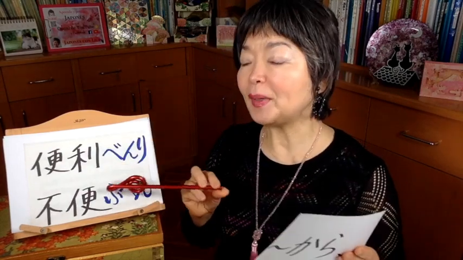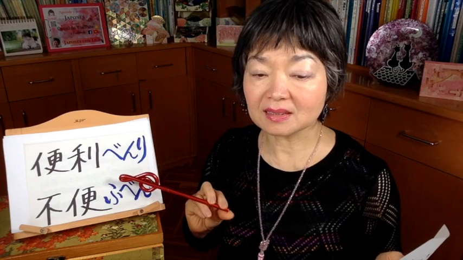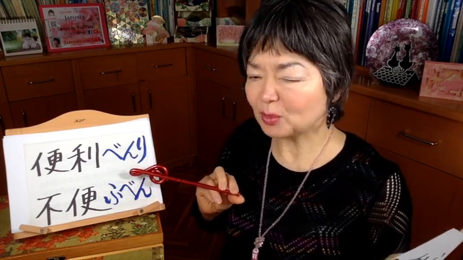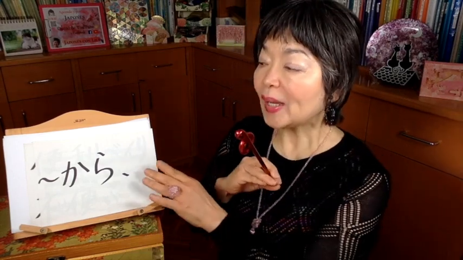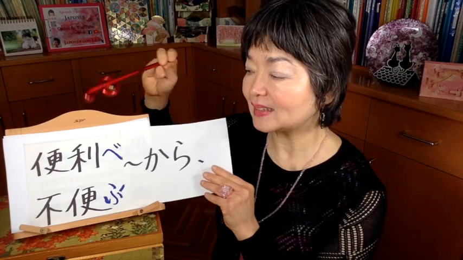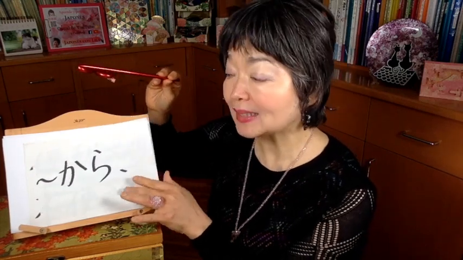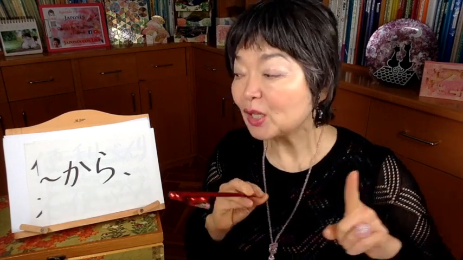Okay? And 不便です. This is inconvenient, troublesome. But I like to put all the phrases together. ここは駅から遠いですから不便です. Well, I used から twice. ここは駅から遠いです, from the station, it's far. The first から means from. But the second から, after one phrase, connects to the other phrase. This means so.